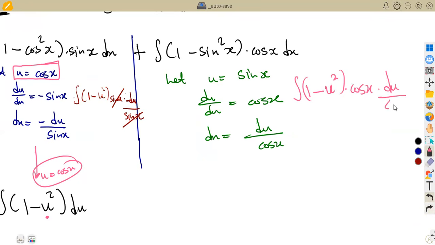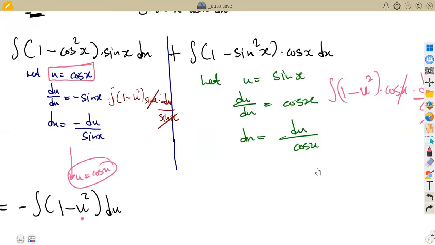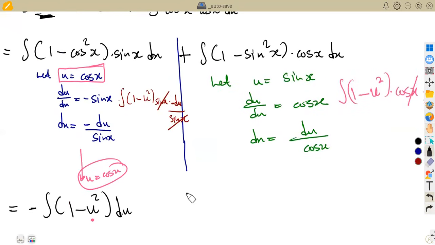So cos x and cos x will cancel, and we remain with this part. So this is the part that I want us to write here. So you're going to have plus the integral of 1 minus u squared with respect to u.